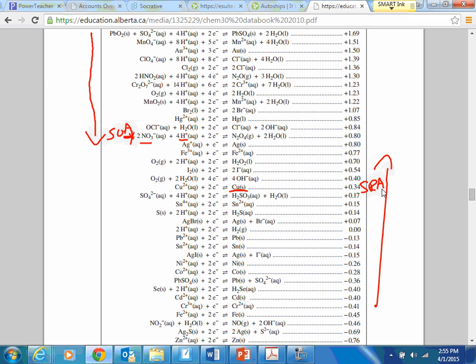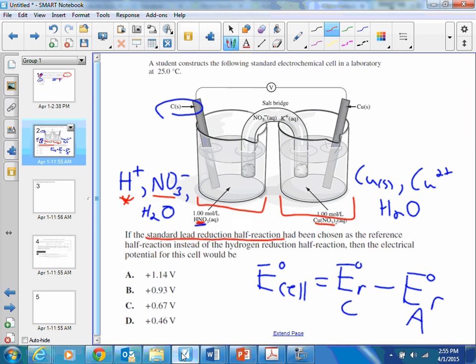Now I've got the SOA, the strongest oxidizing agent, is reduced. Reduction happens at the cathode, gain electrons, reduction at the cathode. So here's my cathode. This is my anode. To calculate the cell potential, we take the value of the cell potential of the cathode minus the anode.